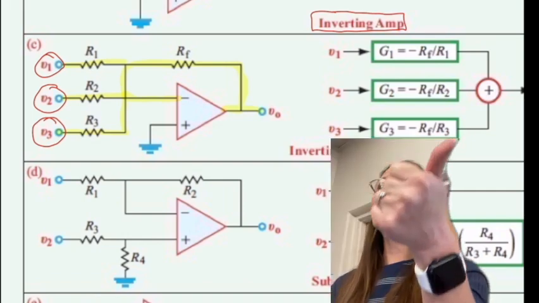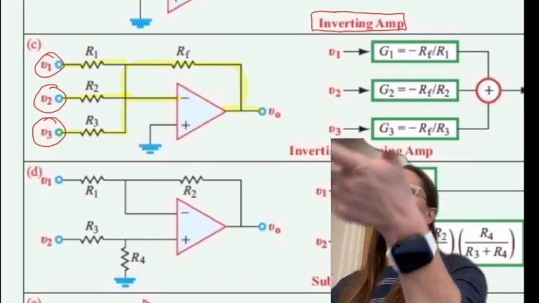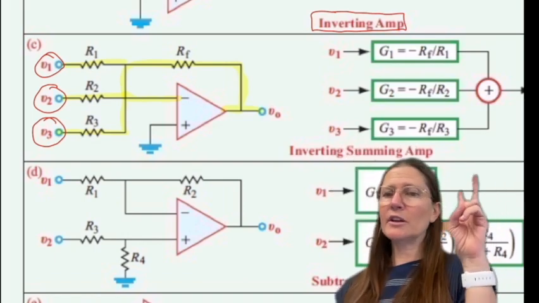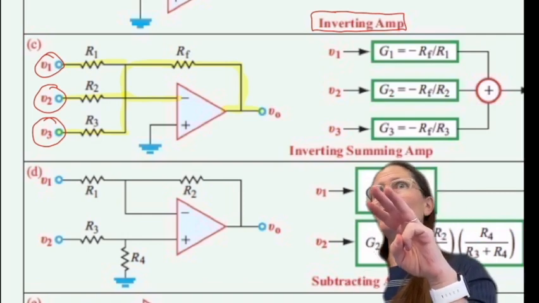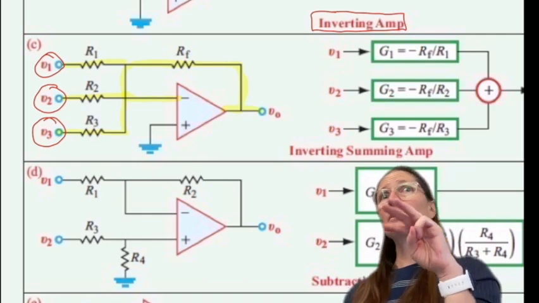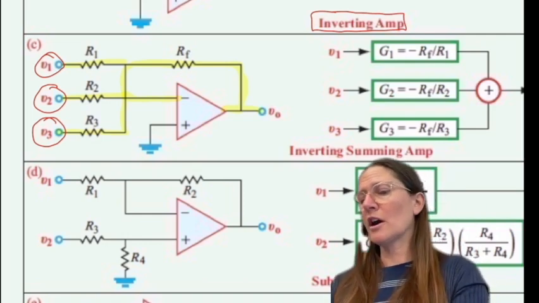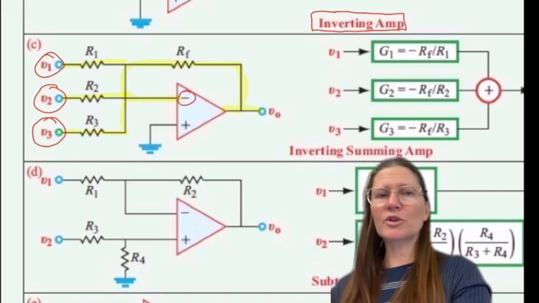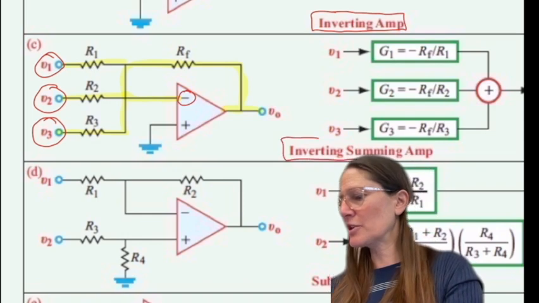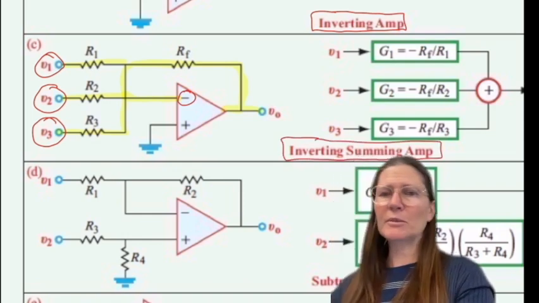So this is not going to be an inverting, non-inverting, or voltage follower. So it's got to be inverting, non-inverting, or subtracting difference amplifier. So to decide between those 3, I look at the pathway into the terminal and it comes into the negative input terminal. So it's an inverting summing amp.